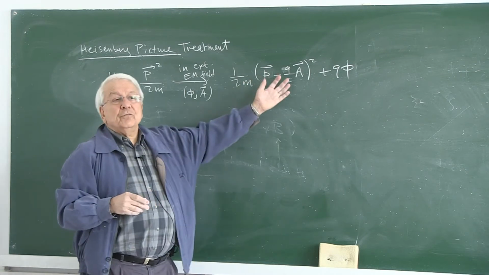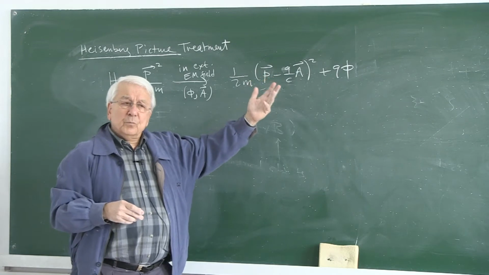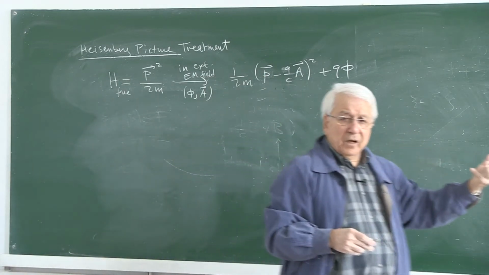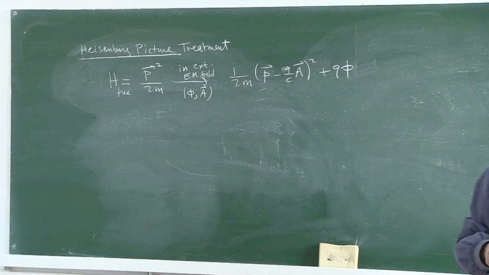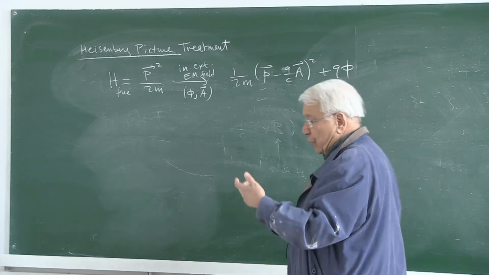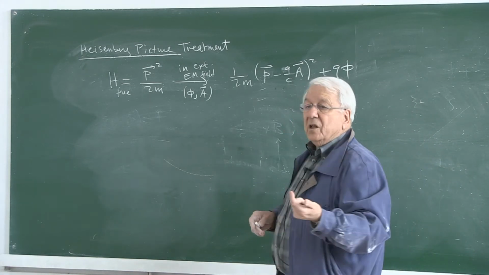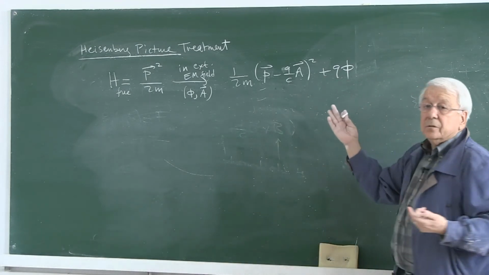There are several ways of doing this. The proper way, using the correspondence principle, is to start from classical mechanics. Of course, for that you need the Lagrange or Hamiltonian formulation, and construct first the Lagrangian and then the Hamiltonian, and then convert that classical Hamiltonian to a quantum Hamiltonian.